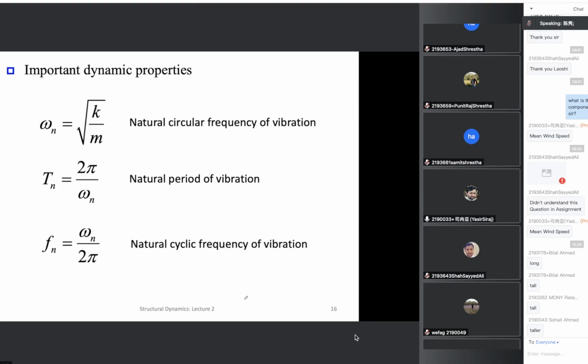The reason is resonance. Later we'll know this word resonance, because the period of the wind's turbulence part is about 10 seconds to 1 minute. The tall building, like we just mentioned, has a lower frequency and longer period, so it will cooperate with this wind and generate a resonance case, which is a dangerous situation.